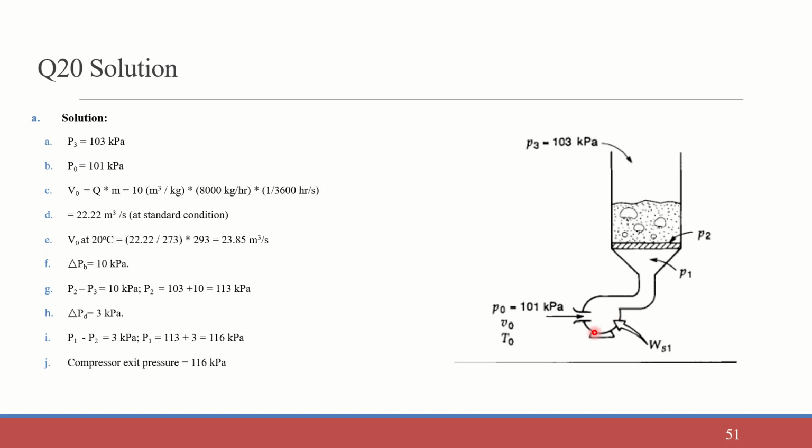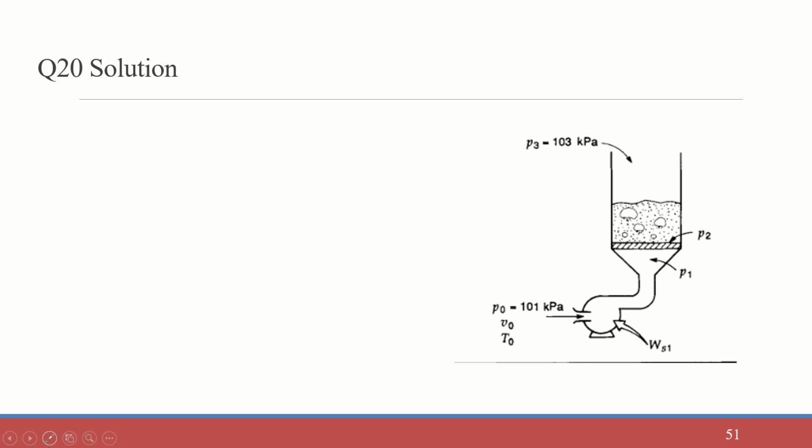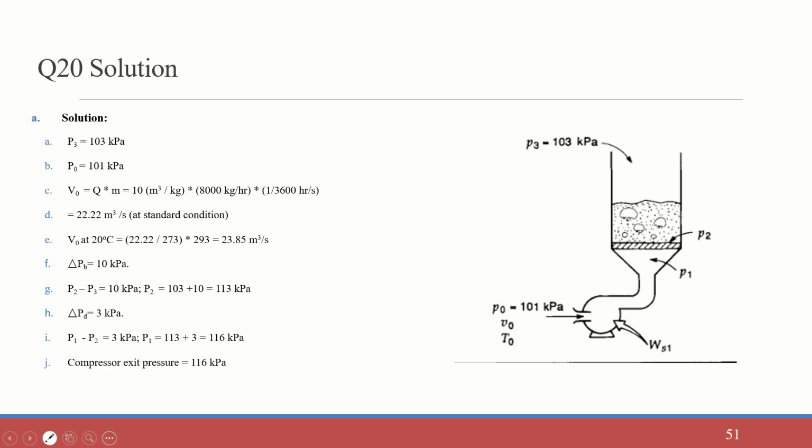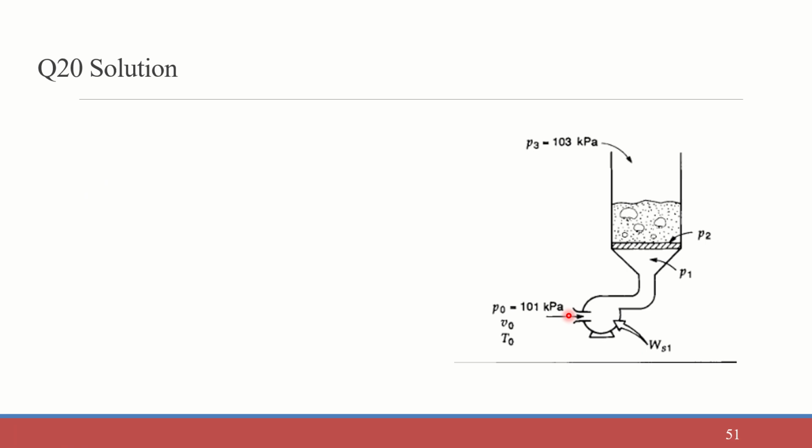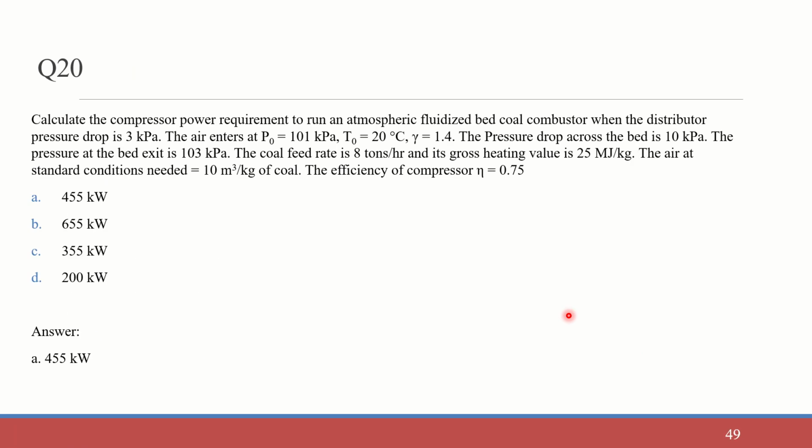I hope it is clear now. To get the compressor work done, we need to know the inlet and the outlet conditions of the compressor. The inlet condition is that air enters at P naught 101 kilopascal and T naught at 20 degrees Celsius, and we are not given V naught.